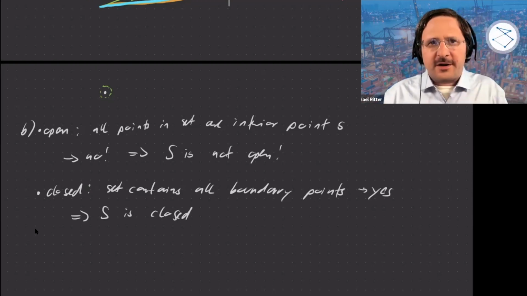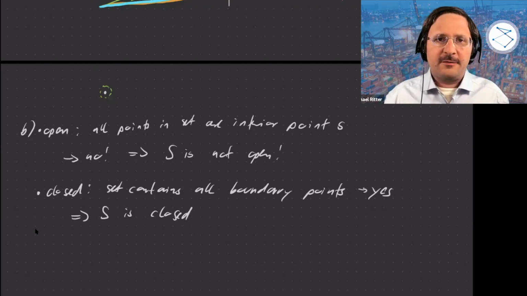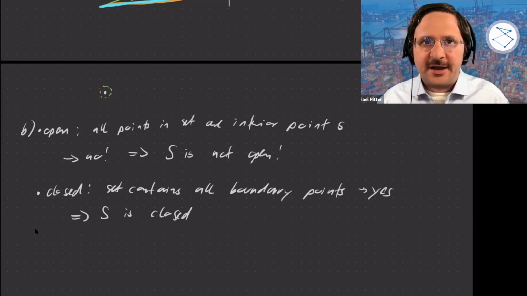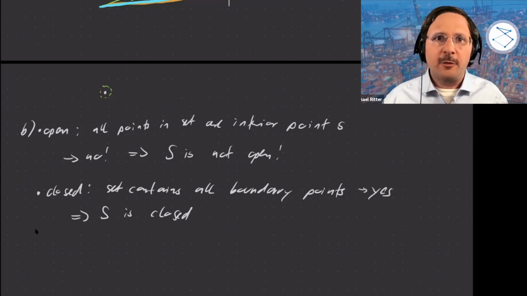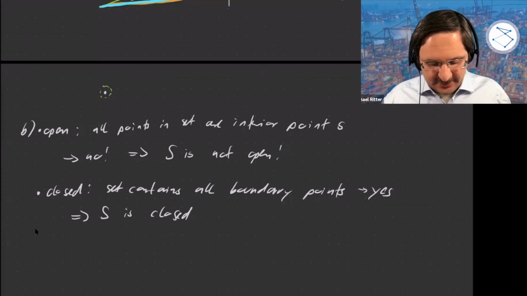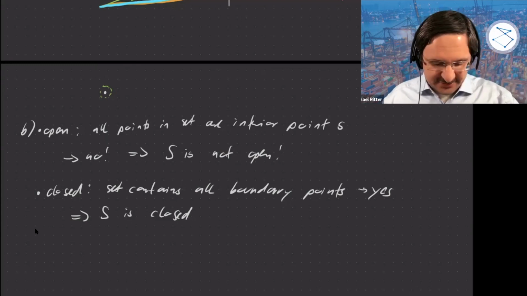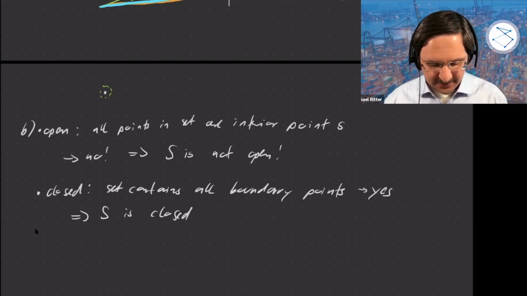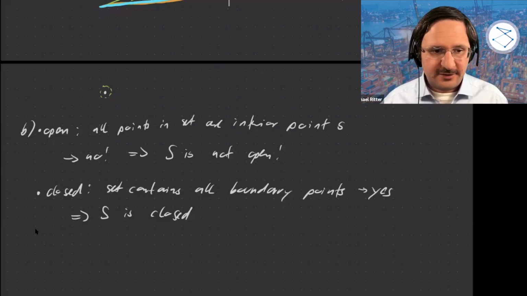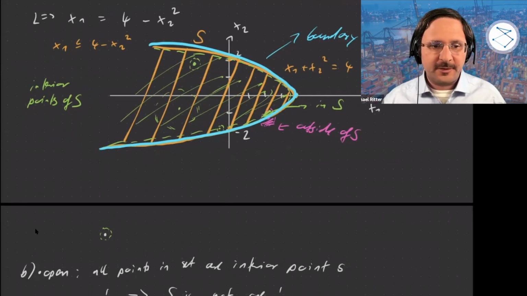And open and closed are not mutually exclusive, right? It could have been true that the set S is neither open nor closed. And there are even sets that are both open and closed, right? So you cannot conclude the set is not open, so it must be closed. That's not true at all. So the set is not open, but it is closed in this problem setting here.